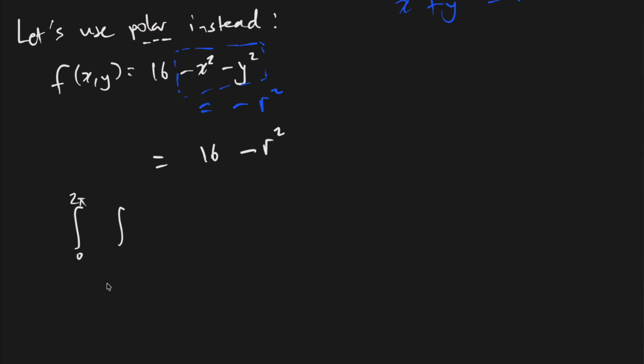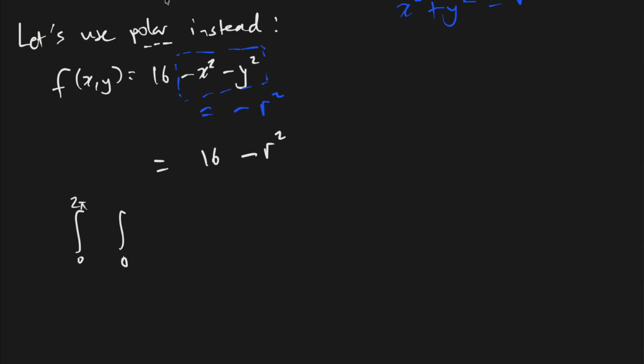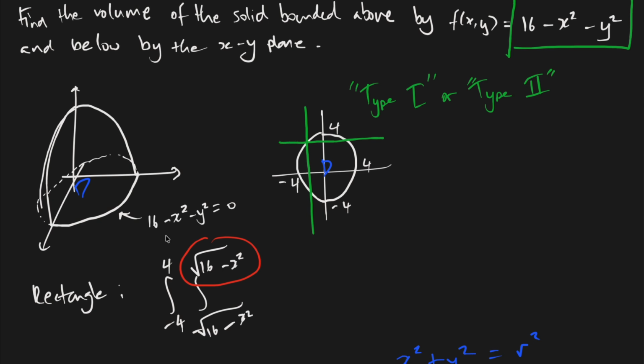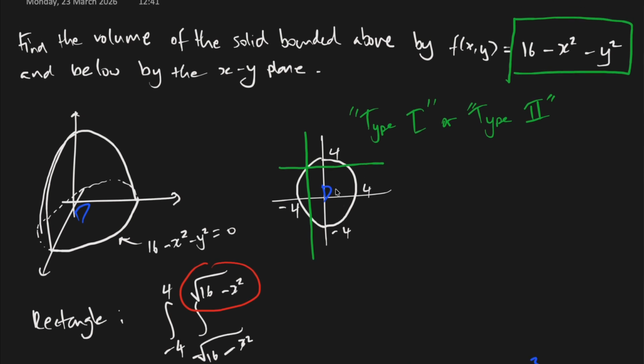And we're going to go from 0 to 4 on the inner integral, because if we look at this circle in polar, we have this concentric circle where r equals 4, and then we can imagine the origin r equals just 0.